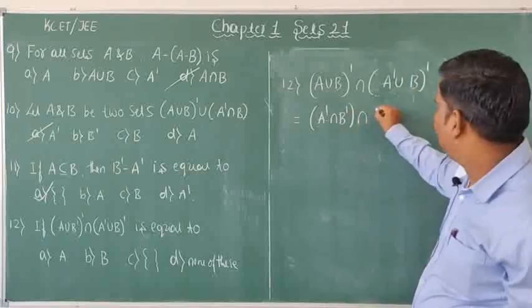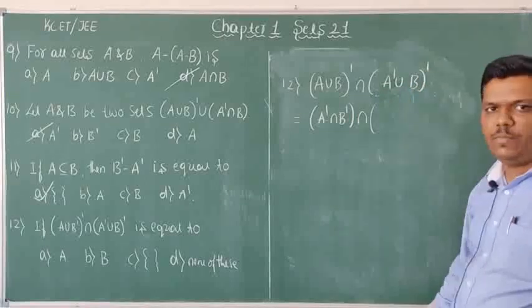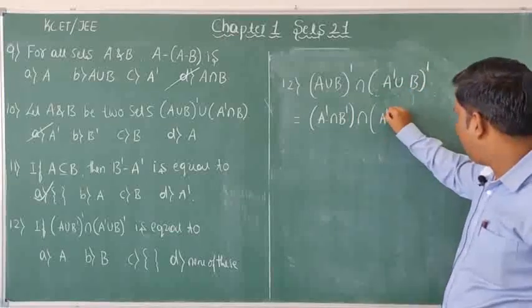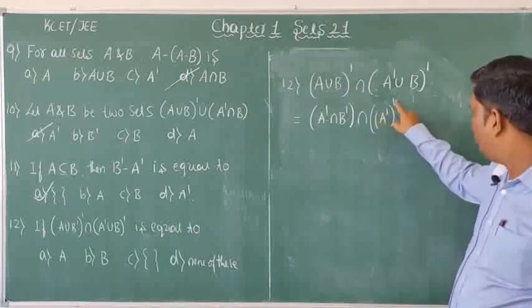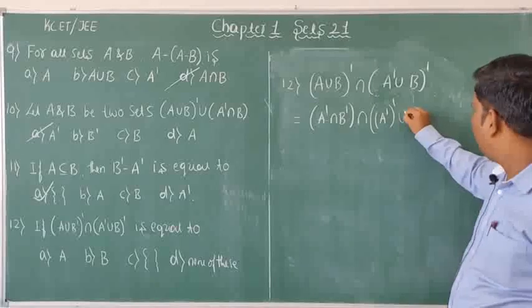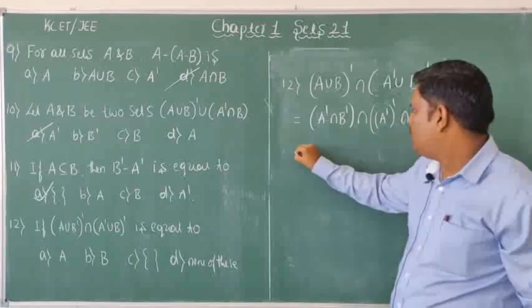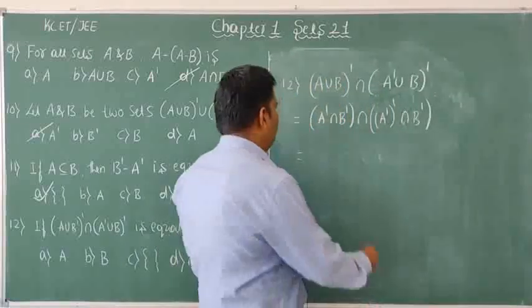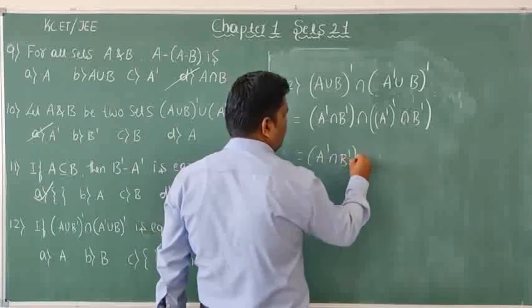Intersection, A dash union B whole dash. Again by De Morgan's law, here A dash whole dash intersection B dash. That's it.